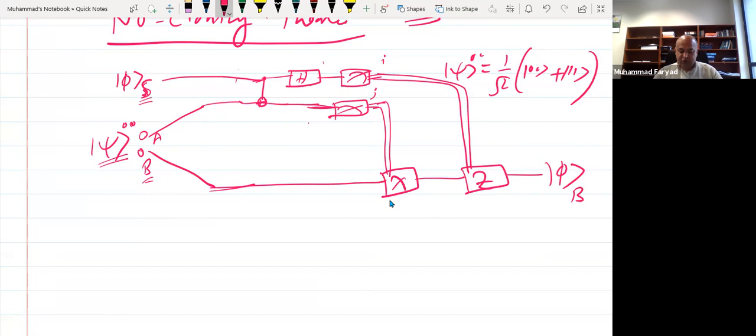And of course, during these measurements, this state would have been destroyed.